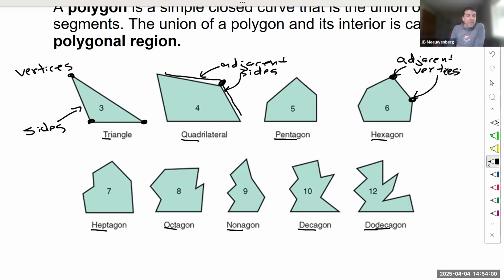For an example of what would not be adjacent, so this vertex and that vertex are not adjacent. Because they don't share a side. This side and this side are not adjacent because they don't share a common vertex.